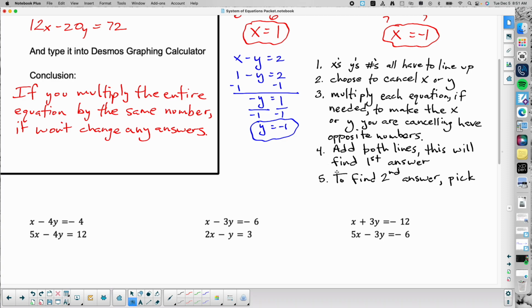Okay, to find the second answer, pick any equation you started with.